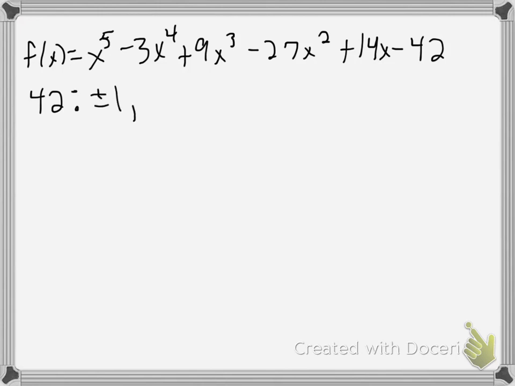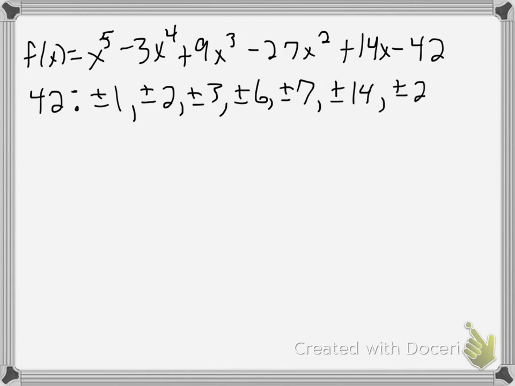Plus or minus 1, plus or minus 2, plus or minus 3, plus or minus 6, plus or minus 7, plus or minus 14, plus or minus 21, plus or minus 42, and luckily we have a leading coefficient of 1, so that's just plus or minus 1.